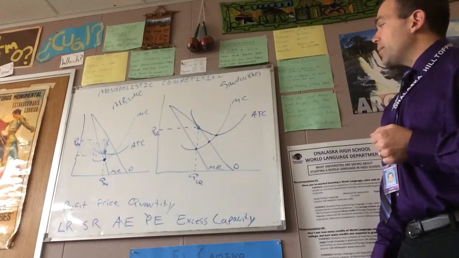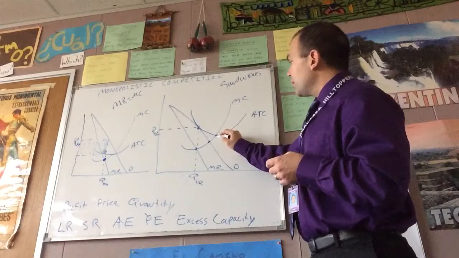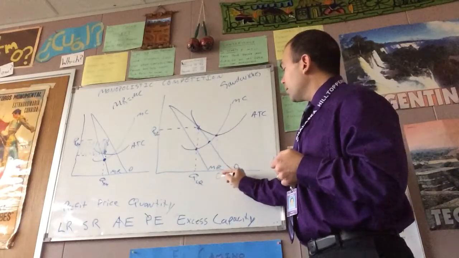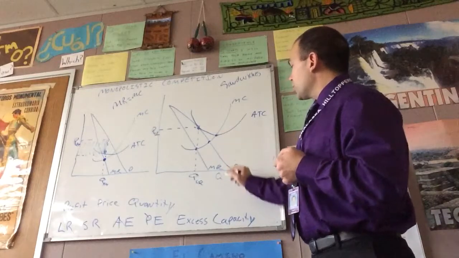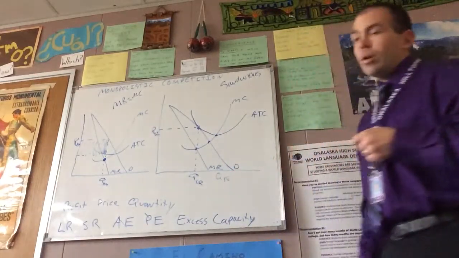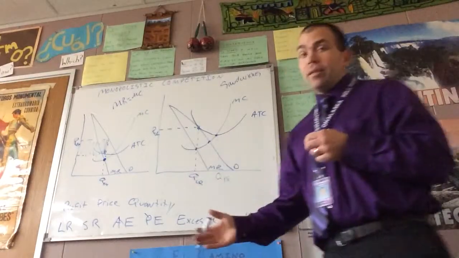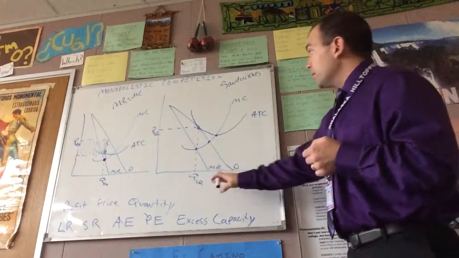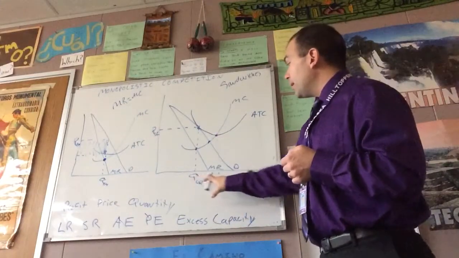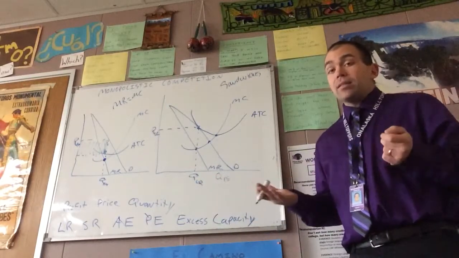So then the excess capacity. What is the excess capacity? Essentially, it is the difference between the quantity of productively efficient and the quantity it is currently at. It's no economic profit, but this distance right here represents our excess capacity.